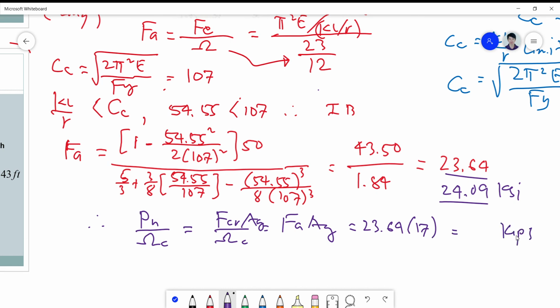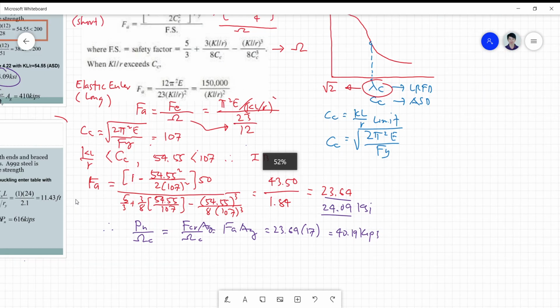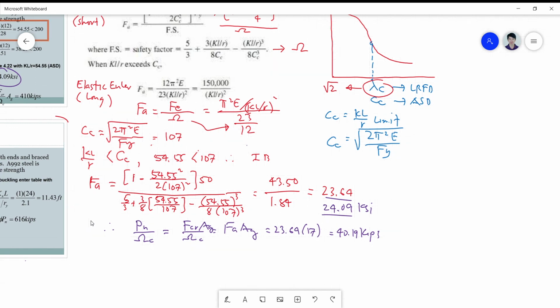So you have 401.9 kips, compared to the answer using tables, which is 410 kips.